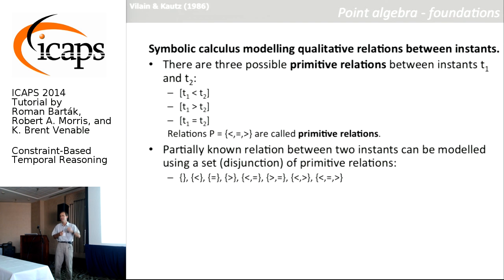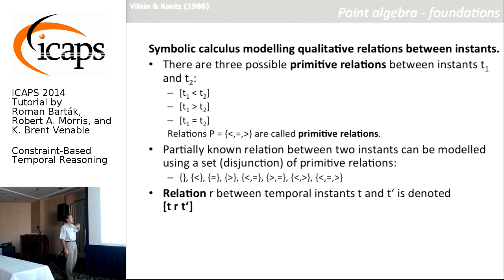Exactly, so this empty relation actually means it's inconsistent, right? There is no possible relation between the time points, meaning this set of temporal references is not consistent. So when we deduce an empty set during inference, it means inconsistency, right?